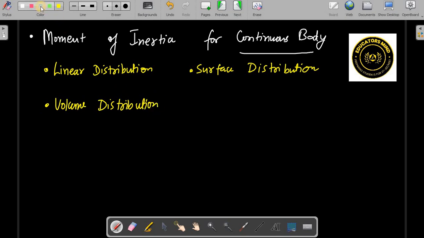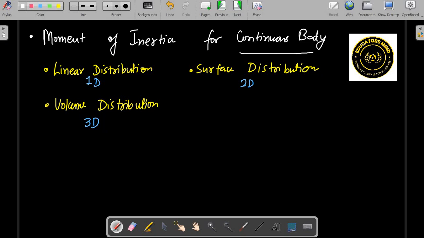So basically there can be a one-dimensional body, a two-dimensional body, or a three-dimensional body. These describe how the masses are distributed. If masses are distributed over a length, that is a linear distribution, a one-dimensional body. If distributed over a surface or a plane, it's a two-dimensional body.